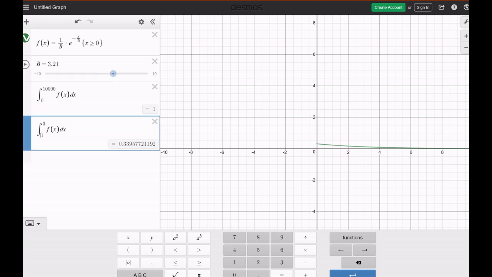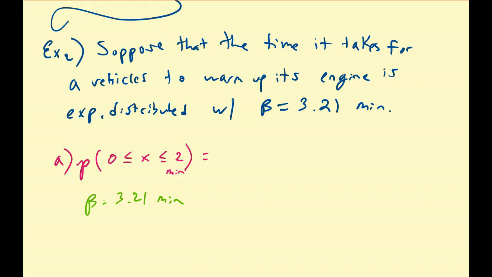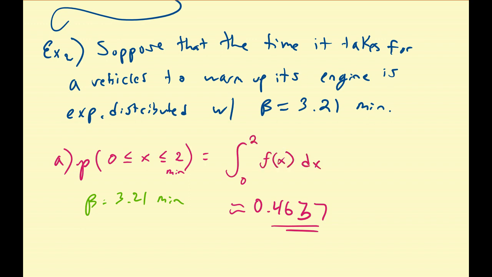So let us find the integral under this curve from 0 to 2. So that's the probability of warming up within the first 2 minutes. So that's going to be 0.4637. So that's the integral from 0 to 2 of our probability density function.